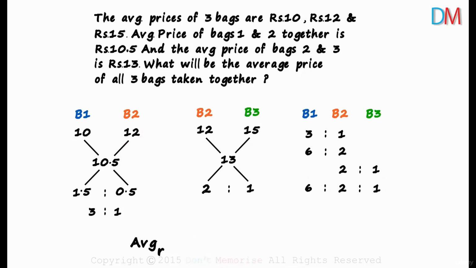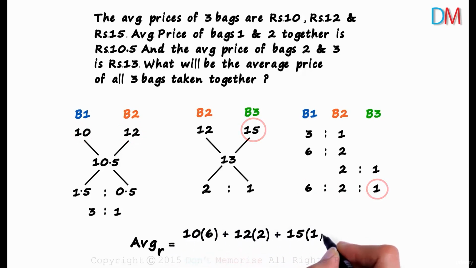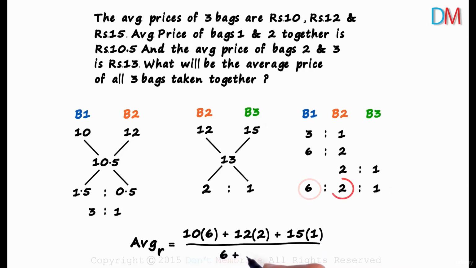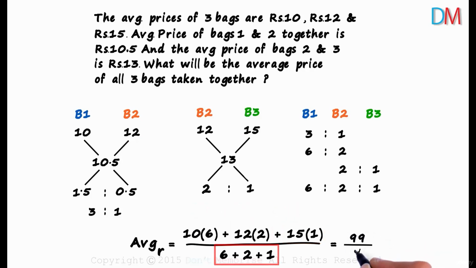The resultant average price will be 10 times 6 plus 12 times 2 plus 15 times 1 divided by 6 plus 2 plus 1. 60 plus 24 plus 15 is 99 and this sum is 9. That gives us the average price of all 3 bags together as 11 rupees. That's how we solve allegation problems with 3 quantities. We will look at one last example of this topic in the next video.